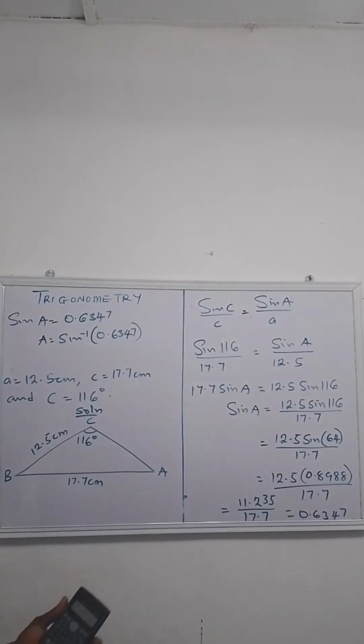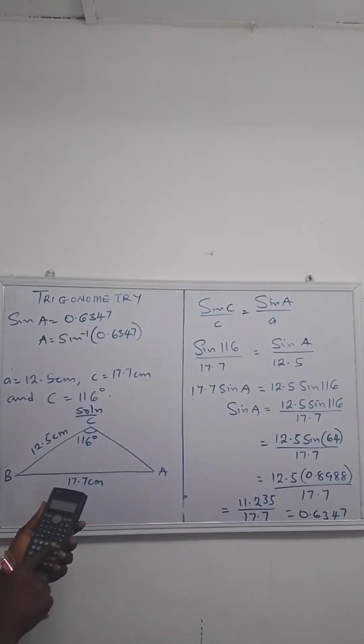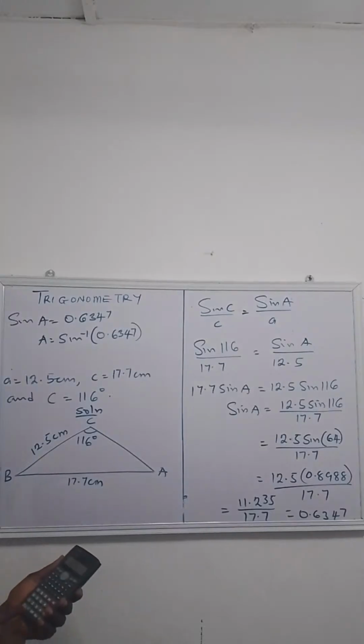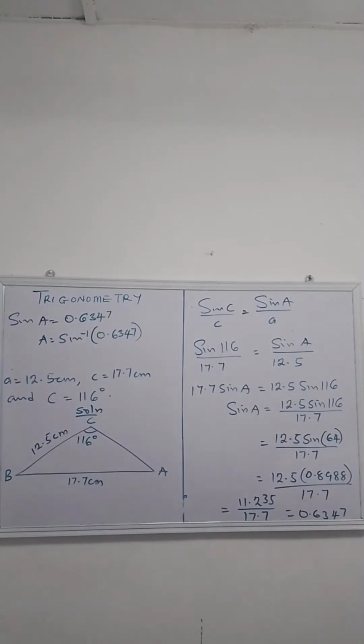Just press shift and press sine, and you enter the number we have here, that's 0.6347. Okay, so let's see, what do you have as your answer?